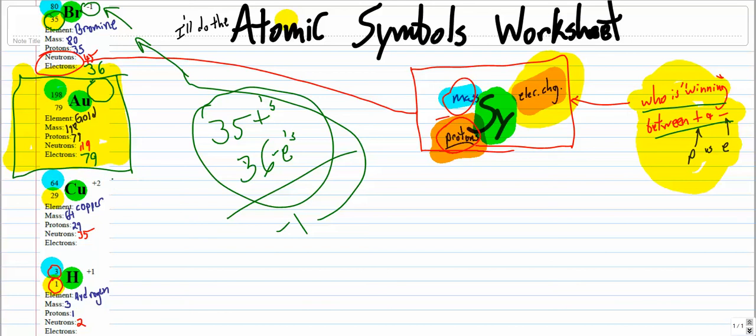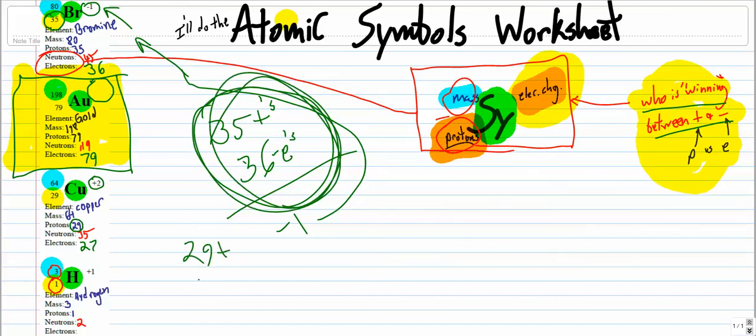So let's look at this copper atom. Who's winning here? Positive is winning by 2. So if I've got 29 protons and it's beating the negatives by 2, that means there must be 27 electrons. And you could write this same sort of thing again if you wanted to. You've got 29 pluses and you've got 27 minuses. What is that?